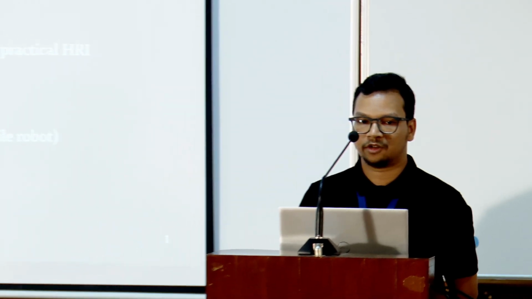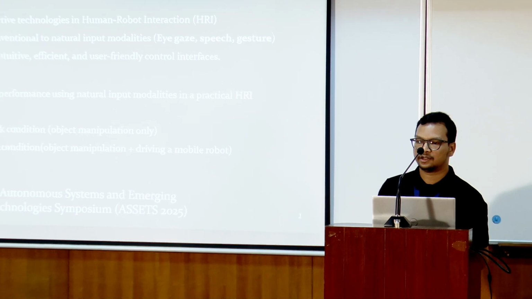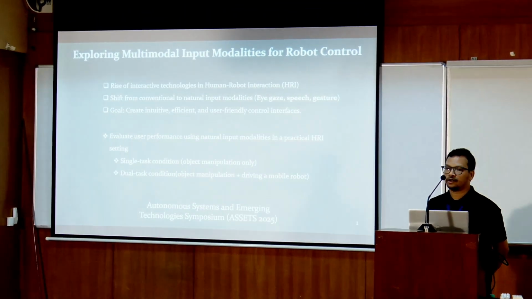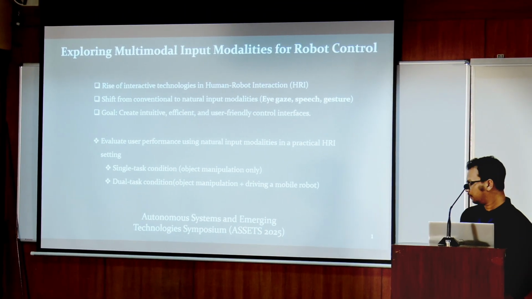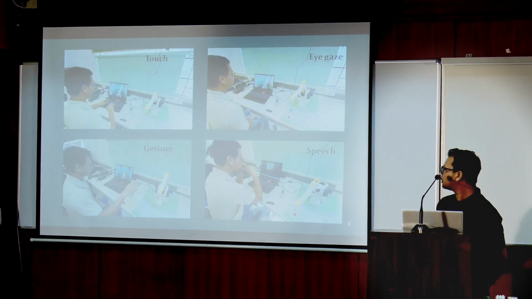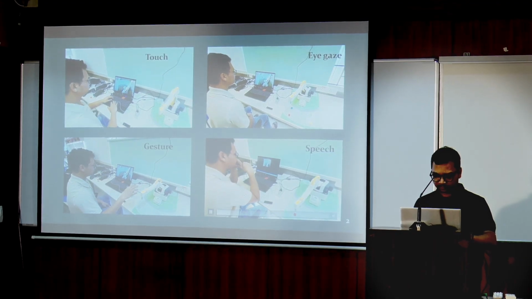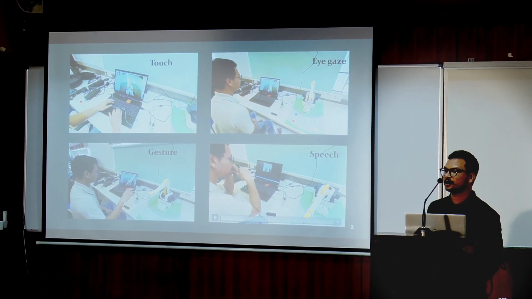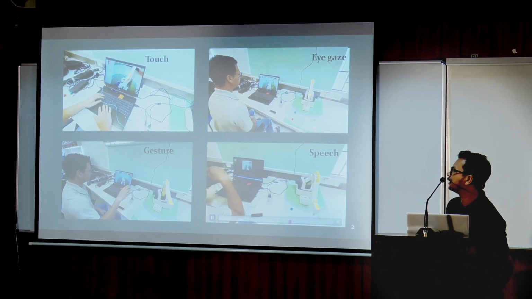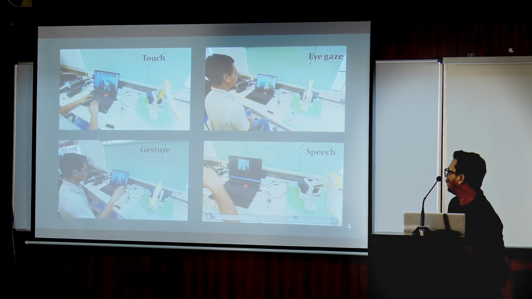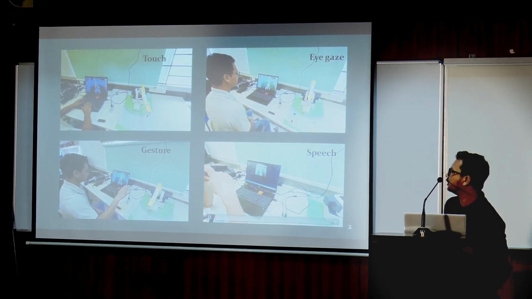So in our work, we try to evaluate those input modalities in the context of practical human-robot interactions. Here we are conducting two user studies. First is a single task condition where the objective is to control the manipulator by using these modalities.